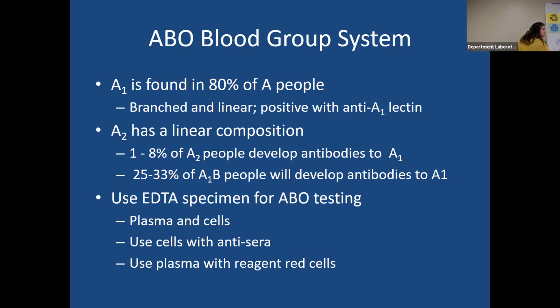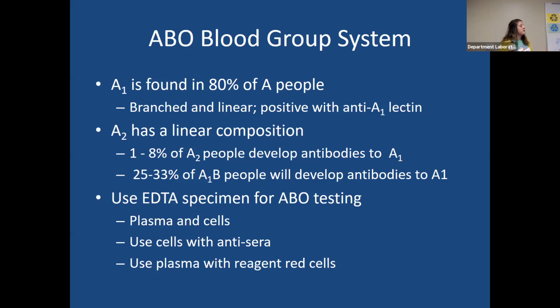That is why A2 patients or other subgroups of A can build anti-A1, okay? Please do not ever tell me an A1 patient can build anti-A2. It is not possible because your A1 patients have the whole A molecular structure, okay? Does that make sense to everybody? Okay.